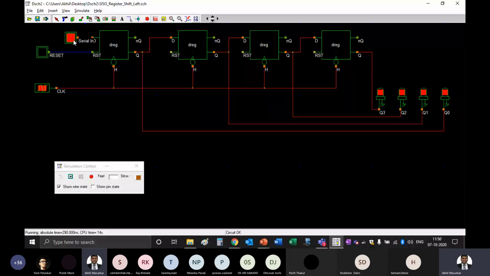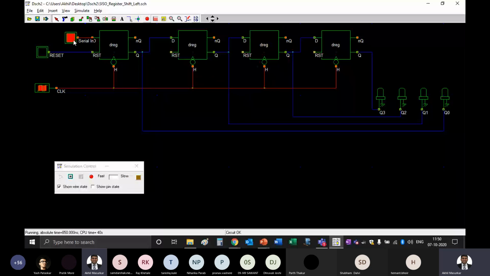Now I can change this here. I can change the sequence that I want. So whatever I am feeding, I am getting it. What you should observe is that first Q0 changes, then Q1, then Q2, and then Q3. That is why you are shifting the data towards the left.